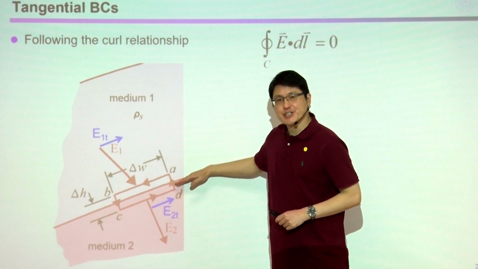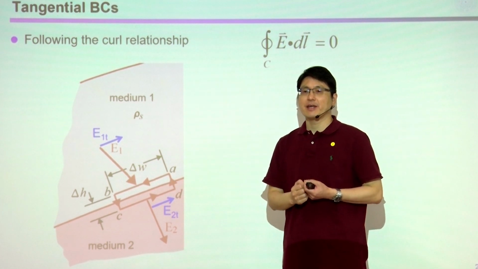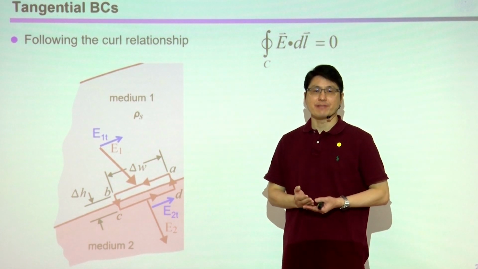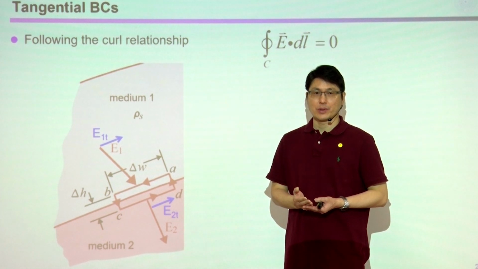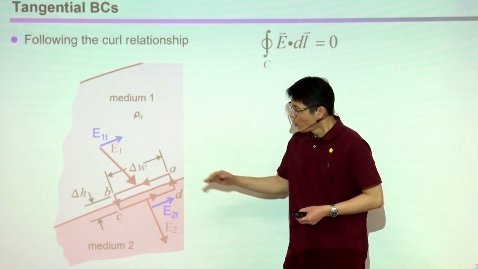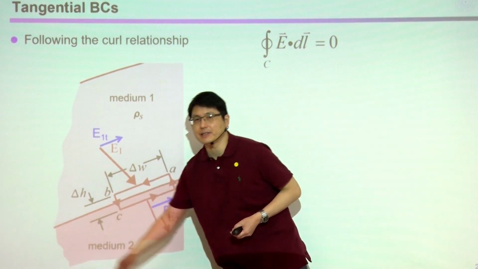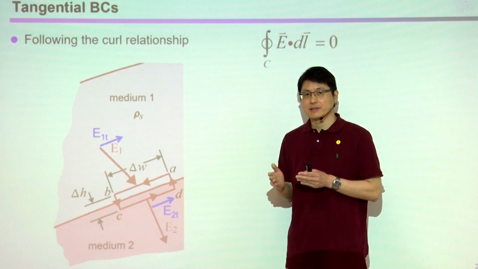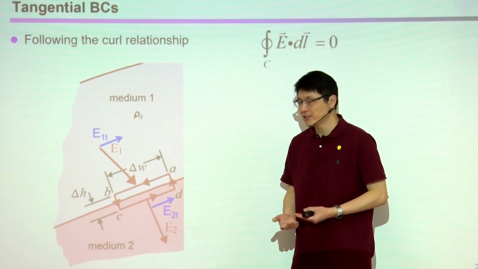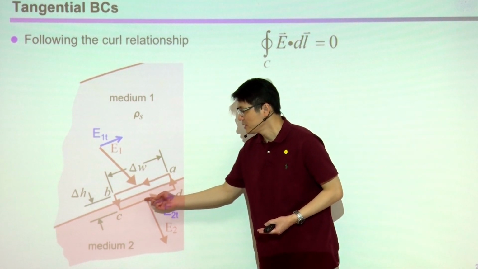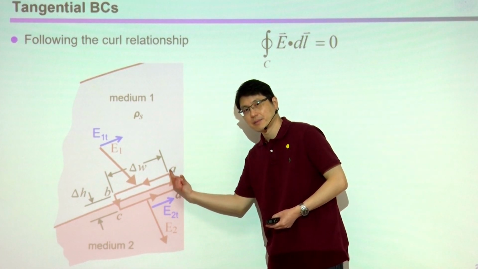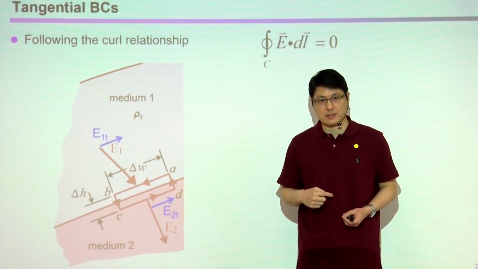Whenever we form an interface, we need to think, how are the fields classified relative to the interface? Once you have an interface defined, the fields are forced to be classified into components parallel to the interface and perpendicular to the interface.